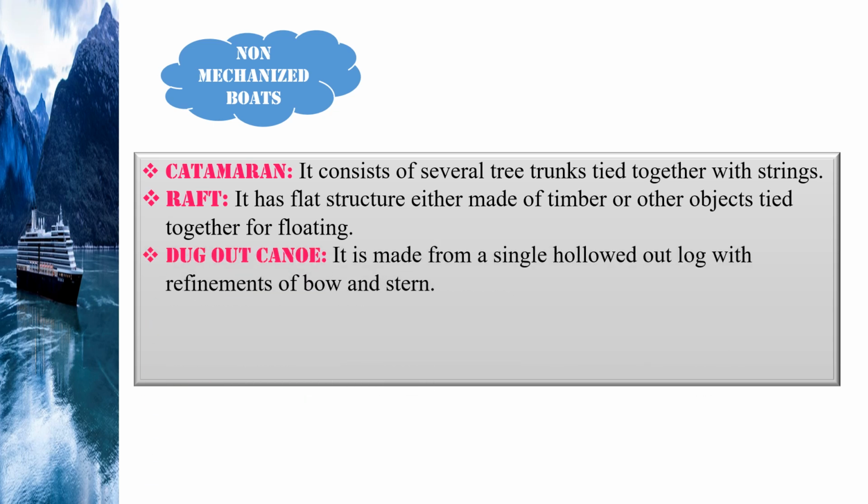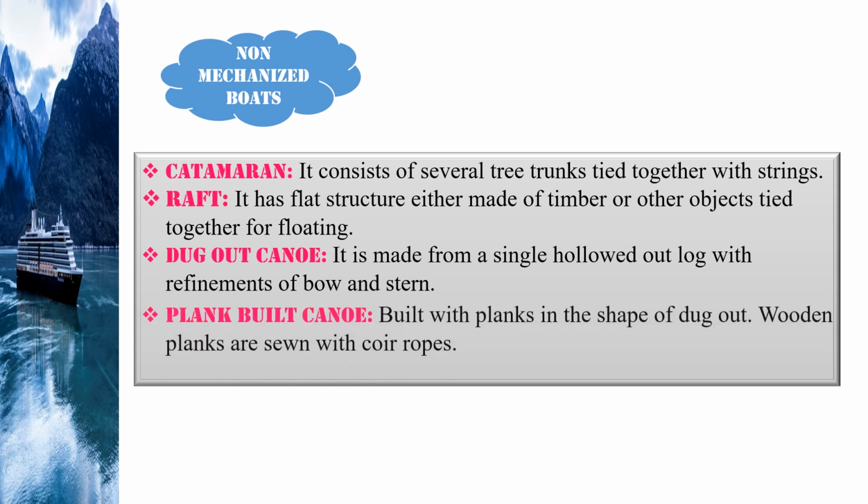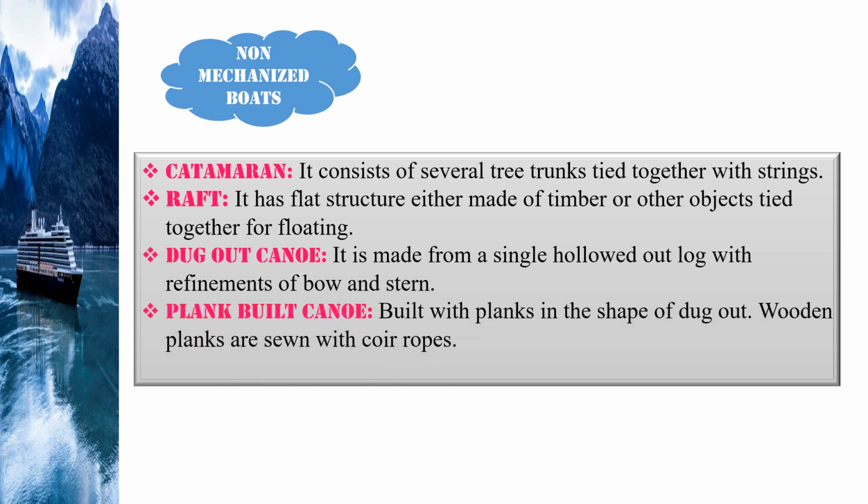A boat having hollowed log and has sharp ends is known as dugout canoe. The dugout canoe built with planks on the sides and sewn with coir ropes is known as plank-built canoe.